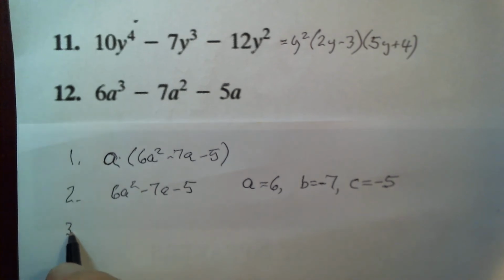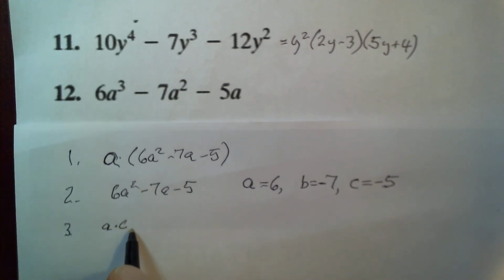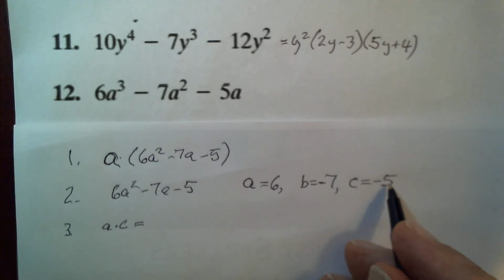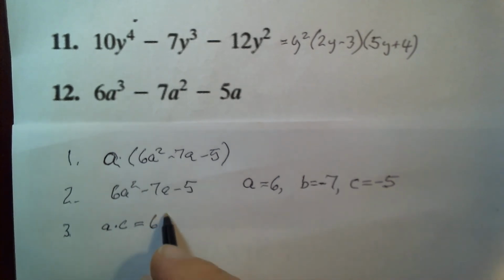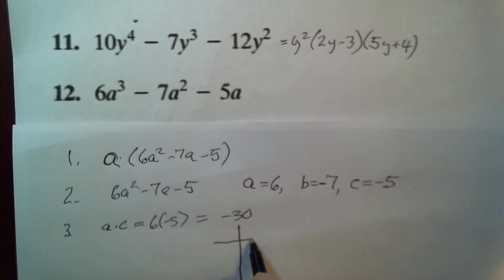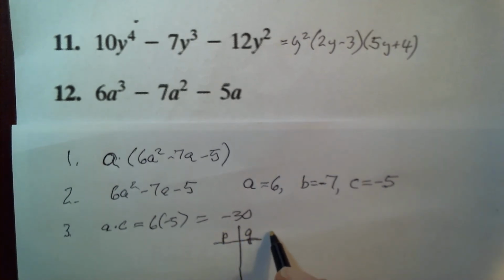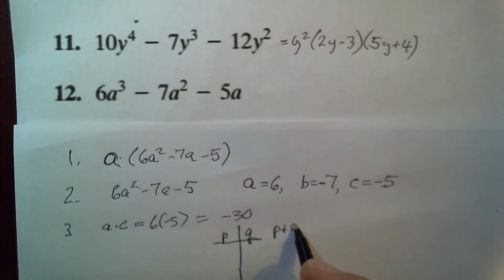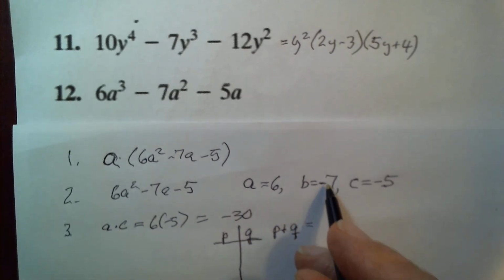Okay, number 3, A times C is equal to 6 times minus 5, or minus 30. So we want to write minus 30 as a product of two integers, p and q, in such a way that the product is minus 30 and that the sum is equal to b, or minus 7.